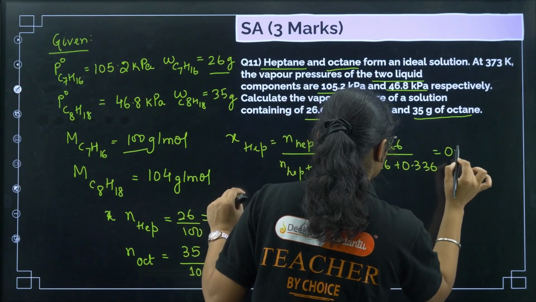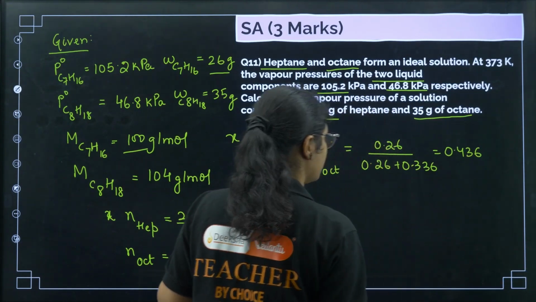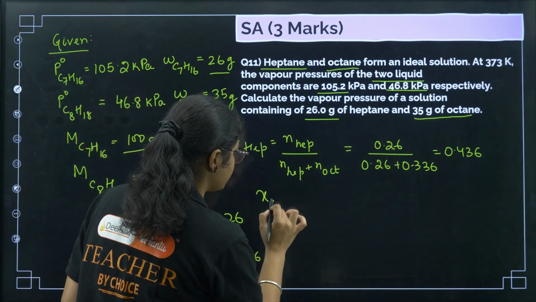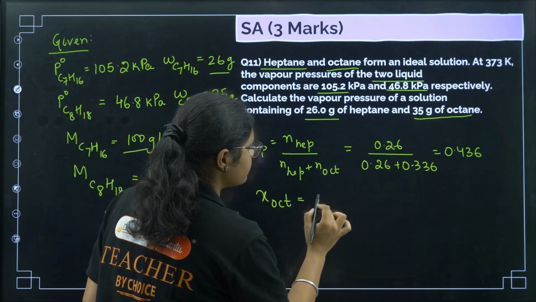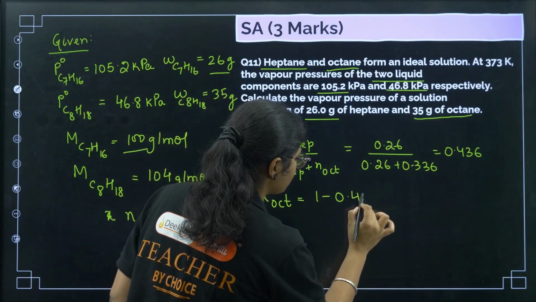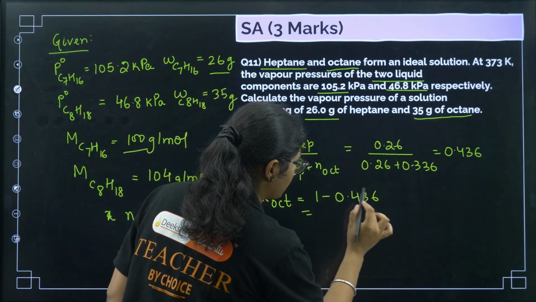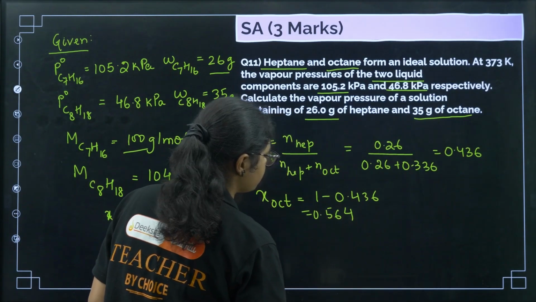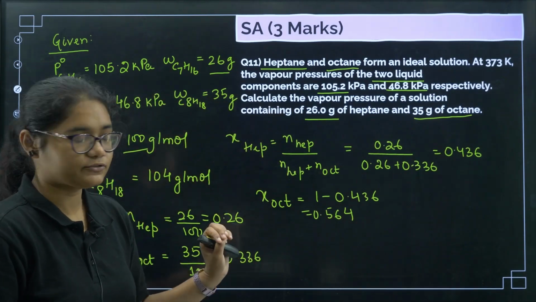This will give me 0.436. That is the mole fraction of heptane. Now from here we can calculate the mole fraction of octane. Mole fraction of octane will be 1 minus 0.436, that is 0.564. Okay, so we got these two values.